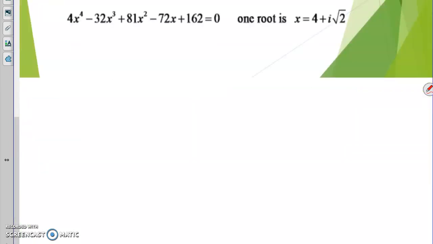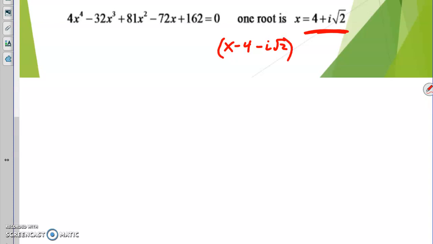So if one of my zeros is this kind of root where it has an imaginary or a radical in it, we know that if x equals 4 minus i root 2, then x minus 4 minus i root 2 is the factor that gave me that root.